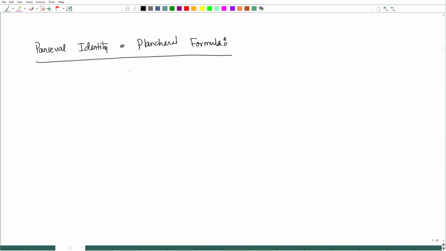As we recall for the Fourier series case, we got that 1 over 2 pi, integral from 0 to 2 pi of mod of f of x square dx, is equal to summation over n of mod of f hat of n square. That is in the Fourier series.